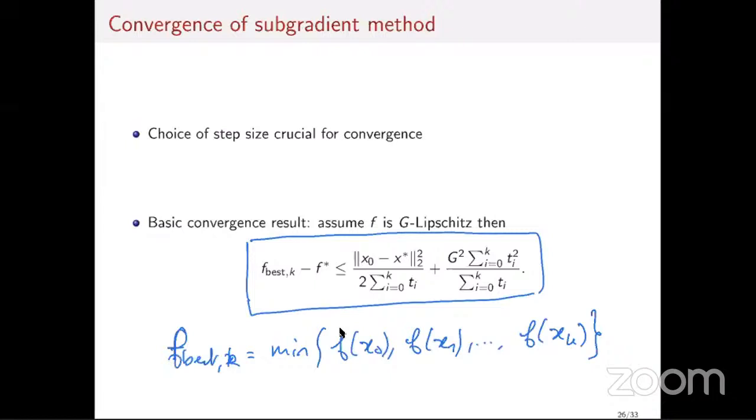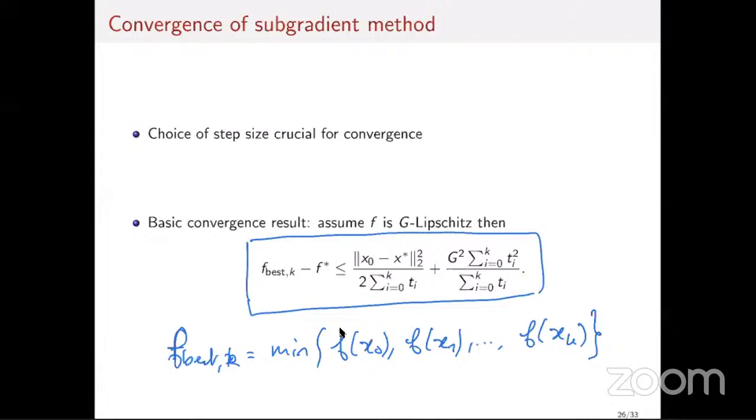So it's the best value seen so far. The reason why you consider f best k instead of f of xk is because the method is not a descent method. So the iterates are not monotonically decreasing. So that's why I need to consider the best iterate so far.